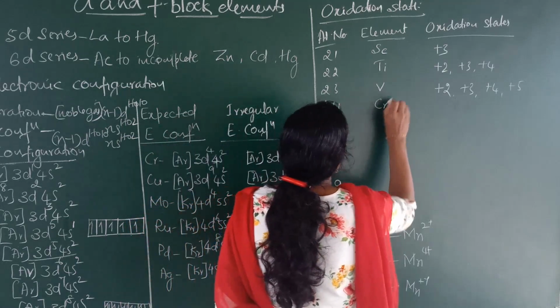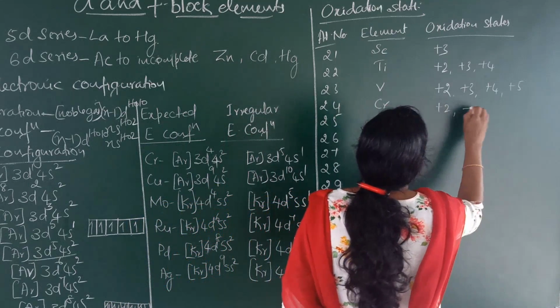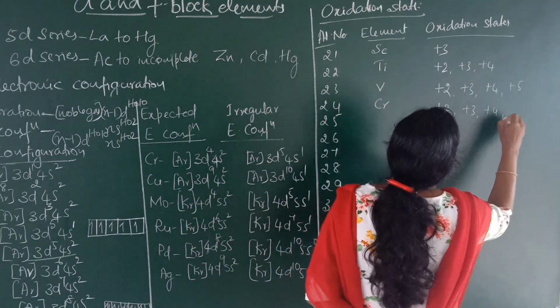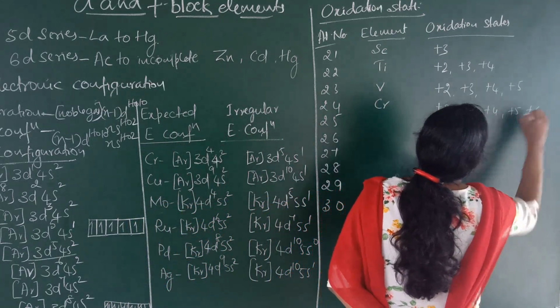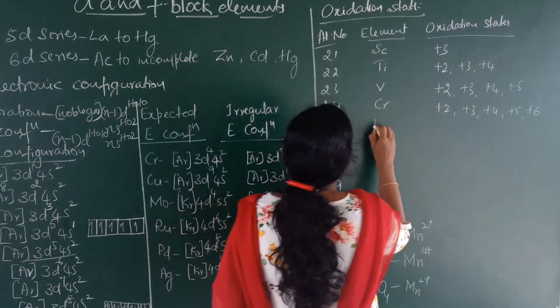Next, chromium. Chromium shows +2, +3, +4, +5 and +6 oxidation states. Next, manganese.